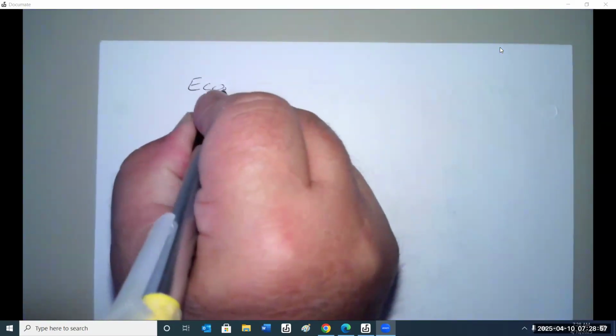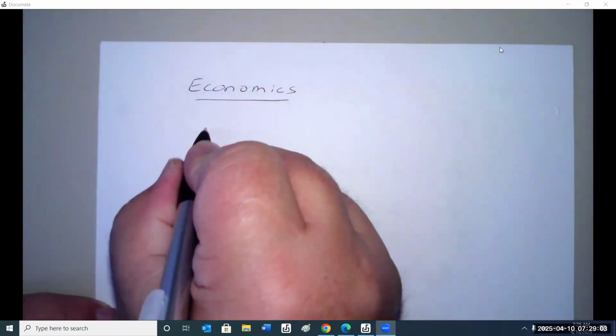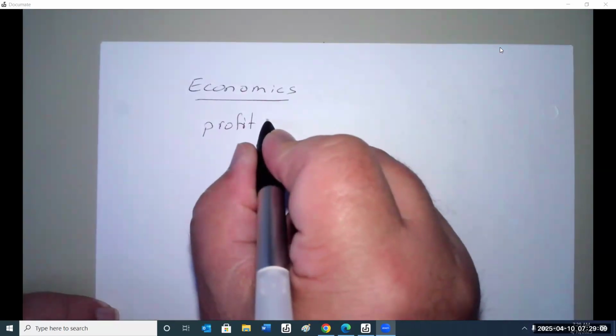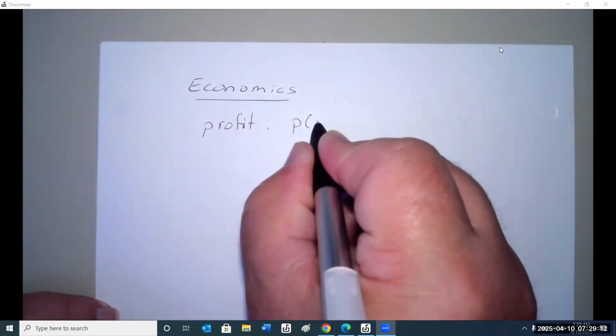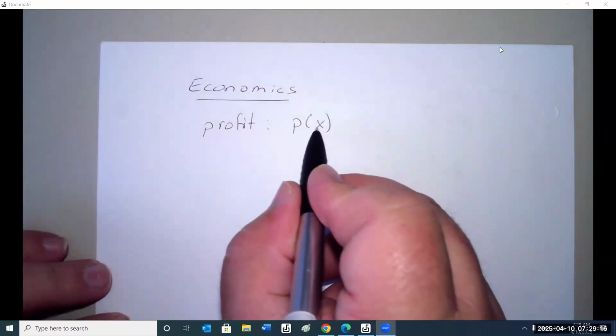All right, now let's switch the view of how we use calculus. So far, we've looked at physics and motions and stuff. Let's look at economics or business. We're always looking for a profit when it comes to business. Profit is defined as the profit made by making this many objects.